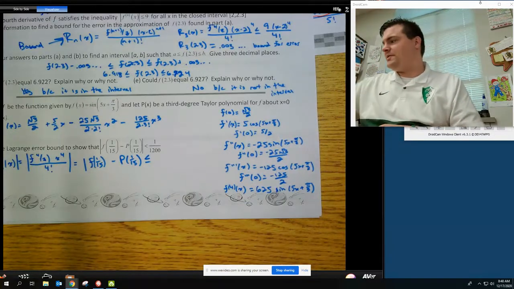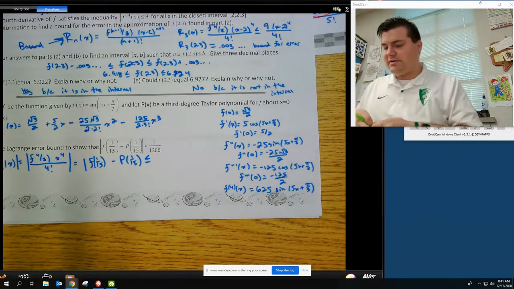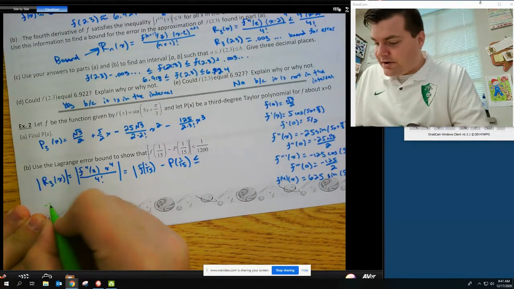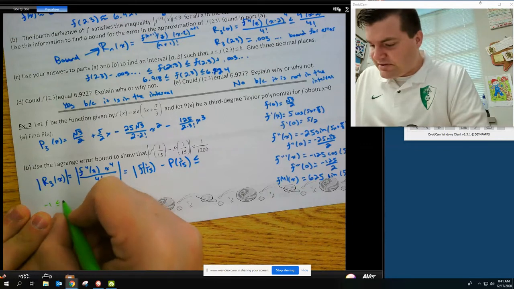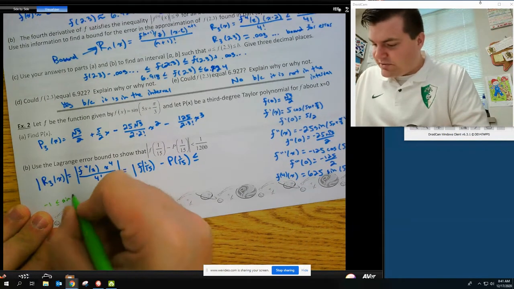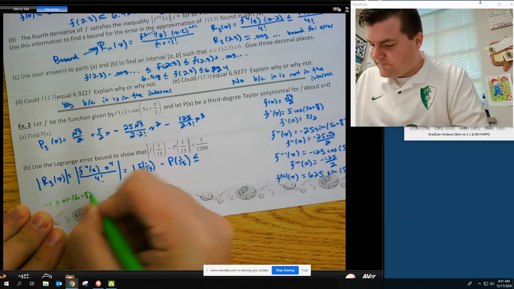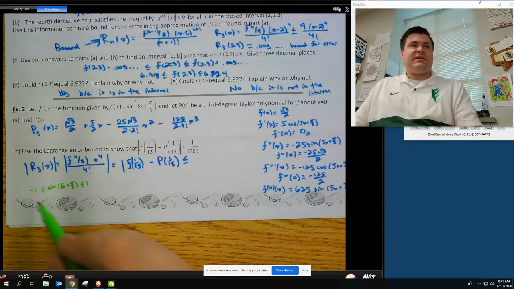I'll show you real quick. It helps if you're familiar with trig. No matter what, the sine function is between negative 1 and 1.